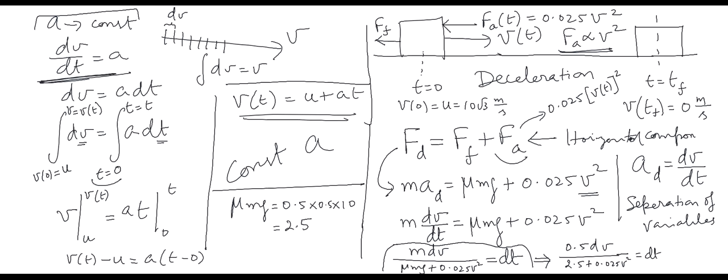So all we have is 0.5 dv. Carefully we considered everything in the 2.5 plus 0.025, 0.025 or 0.5? 0.025. That is correct, right? Yes, sir.